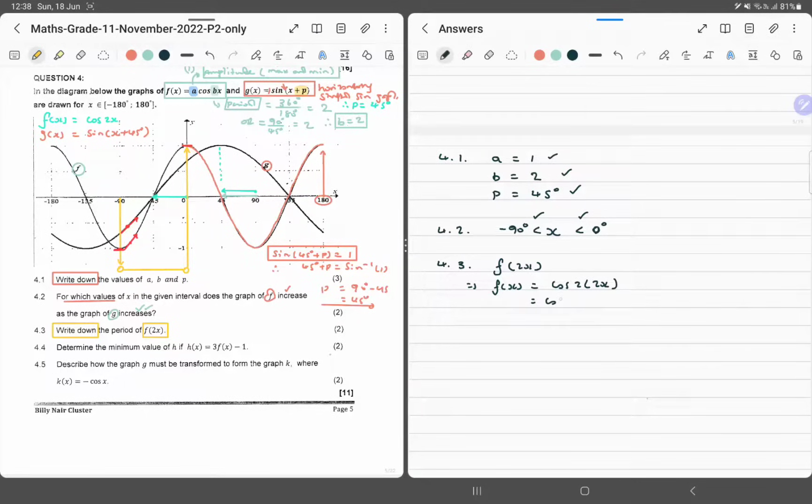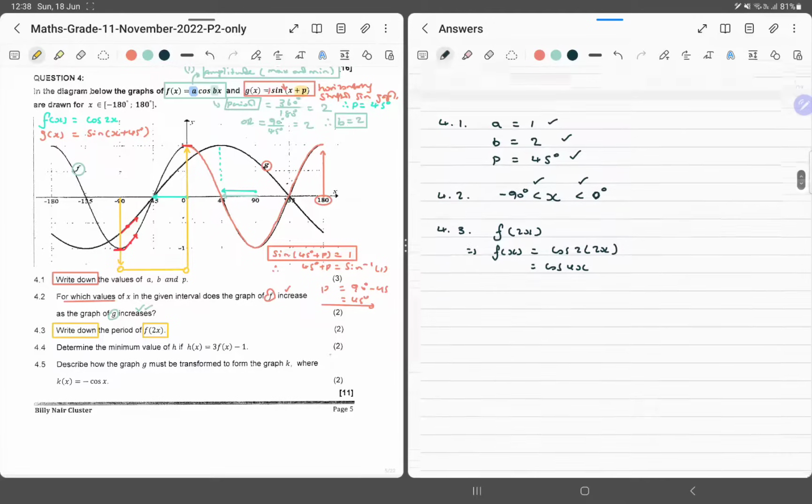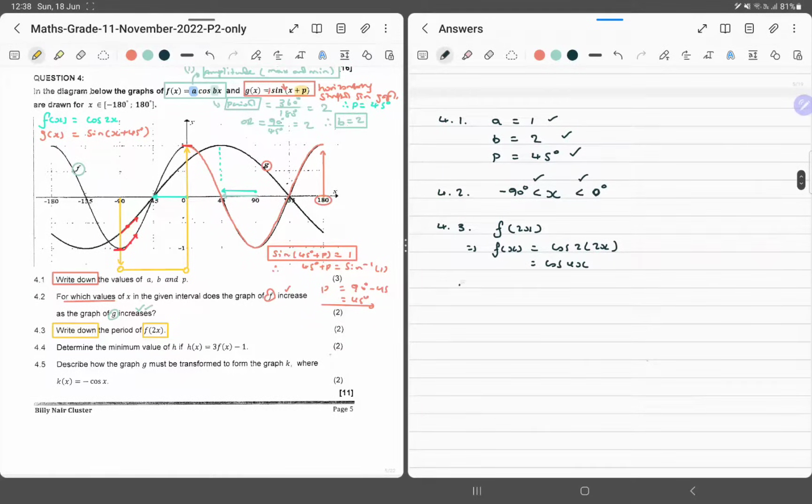So this is going to be cos of 4x. And then you know that we always say, therefore we know that the period is going to be equal to the original period of a cosine graph divided by the coefficient of our angle, which is 4. So that will give us 90 degrees. All right. But they said write down. So this is essentially your determination.